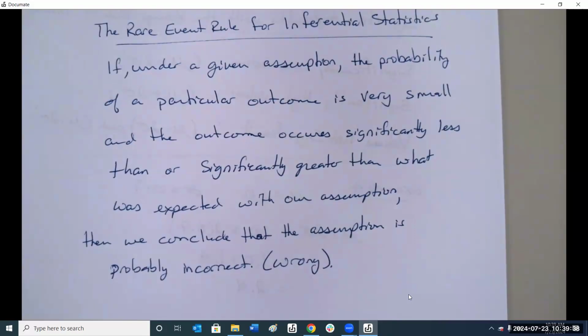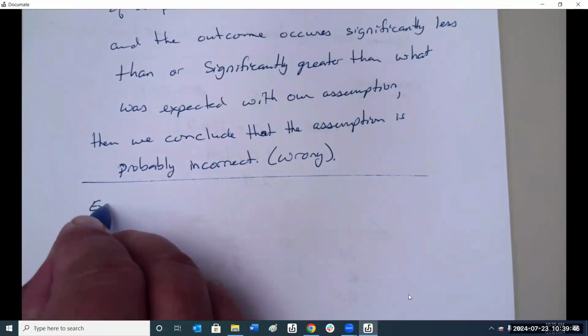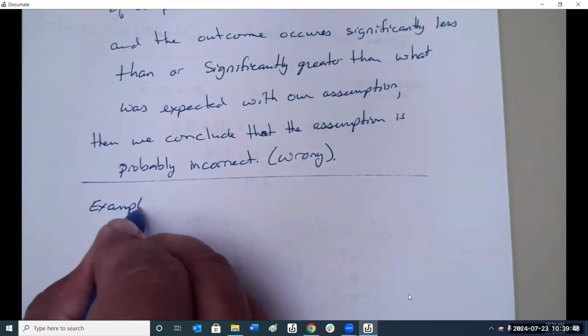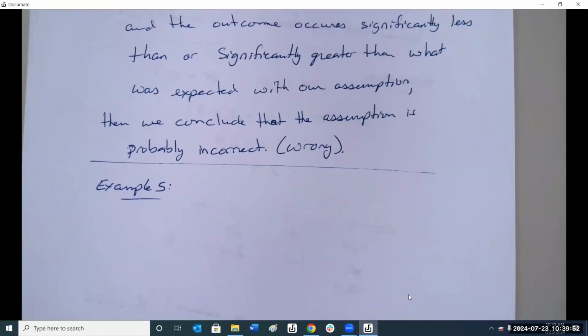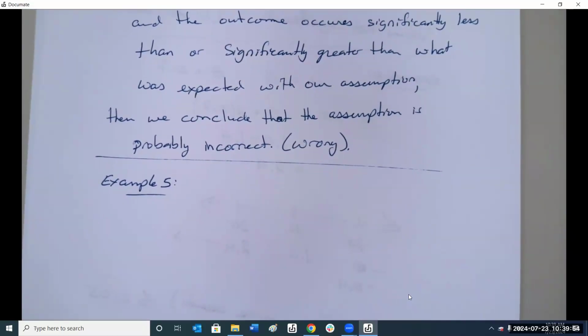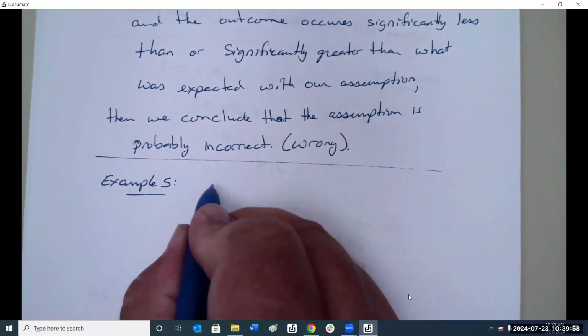There is an example here. Example 5. Identifying significant results with probabilities. Here's a statement.